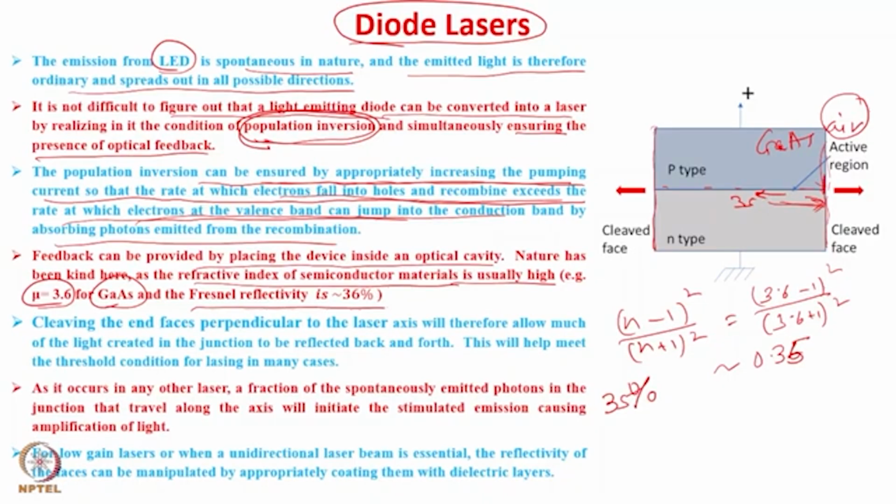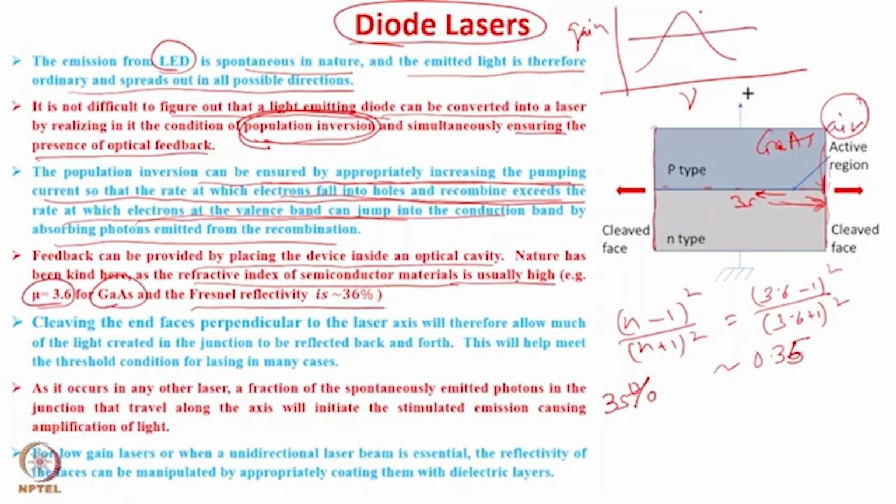If you can create high gain, that means very high population inversion, then lasing can be sustained here. Because we know that for lasing to be sustained, suppose this is the gain versus frequency, and this is the gain. For 35% reflectivity, the loss line can be located pretty low.